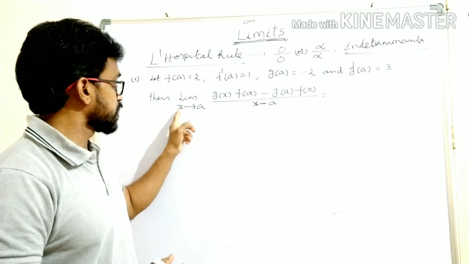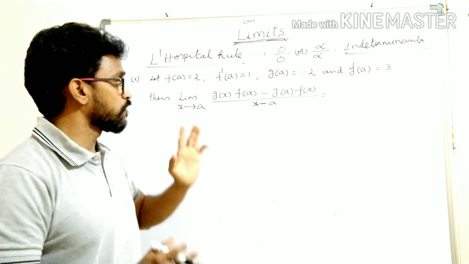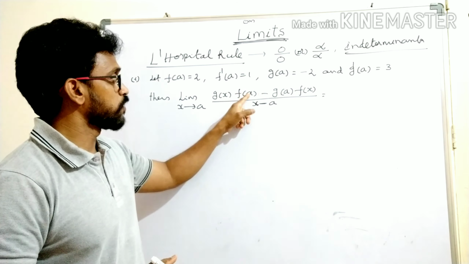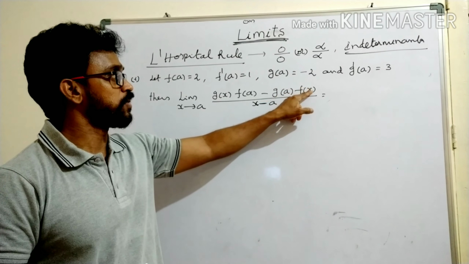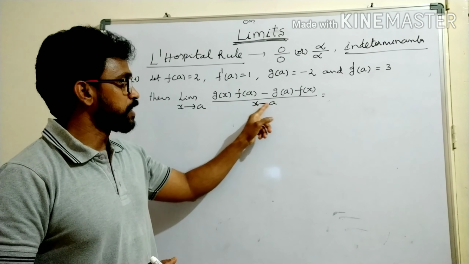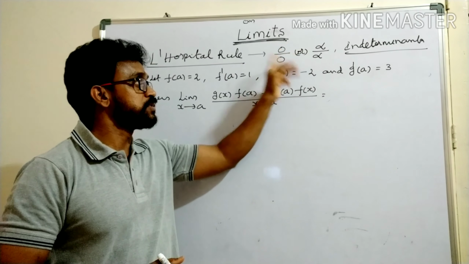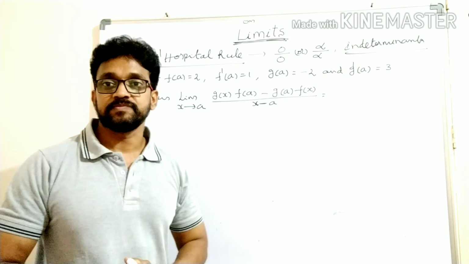Here, x tends to a. Replace x by a, what happens? g of a into f of x minus g of x into f of a, minus a. This is 0, this is 0. Finally, this is 0 by 0 form, no value.